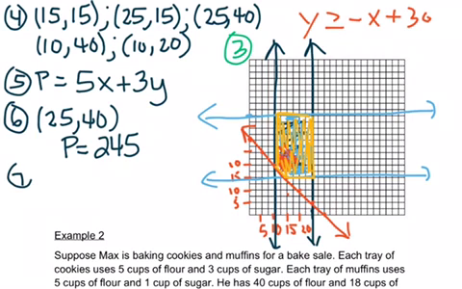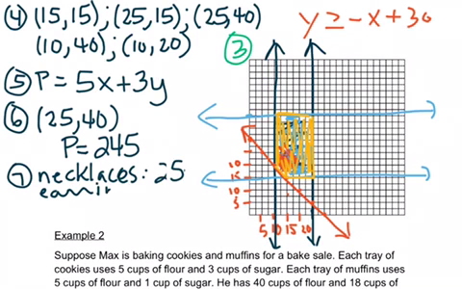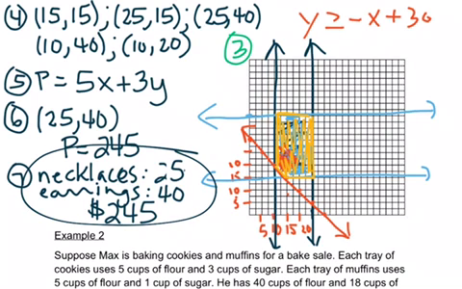And so to answer the question, Mackenzie needs to make 25 necklaces. Oops. Not 24, 25 necklaces. And she needs to make 40 pairs of earrings to make a maximum profit of $245.